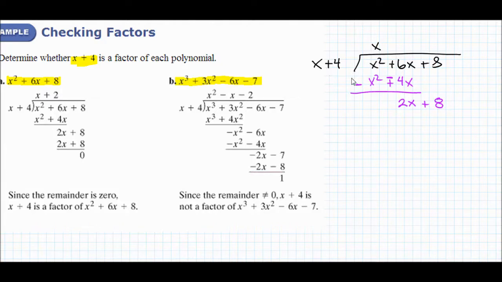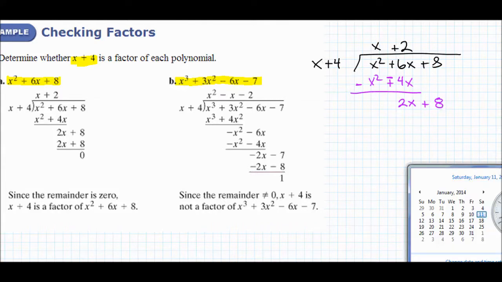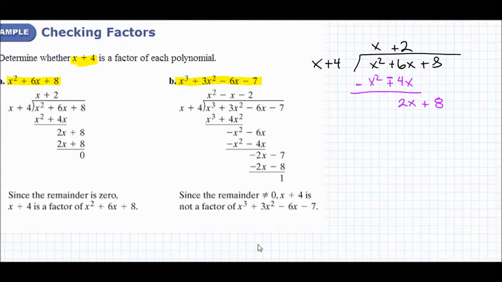To get x to be 2x, we've got to multiply it by a positive 2, so we'll say plus 2. 2 times x is 2x, and 2 times 4 is 8. Again, change the signs so we can subtract them. So 2x minus 2x is 0, and 8 minus 8 is 0. So it looks like these are factors.